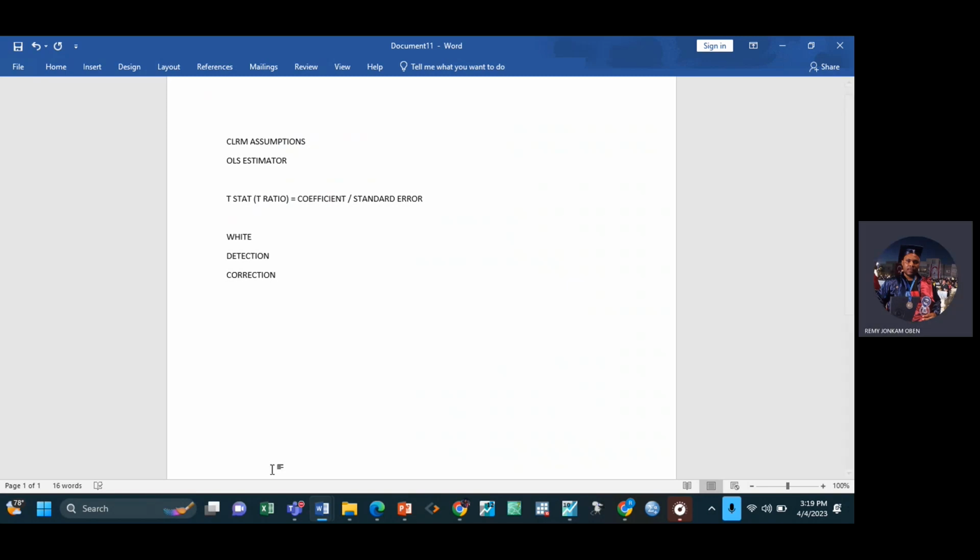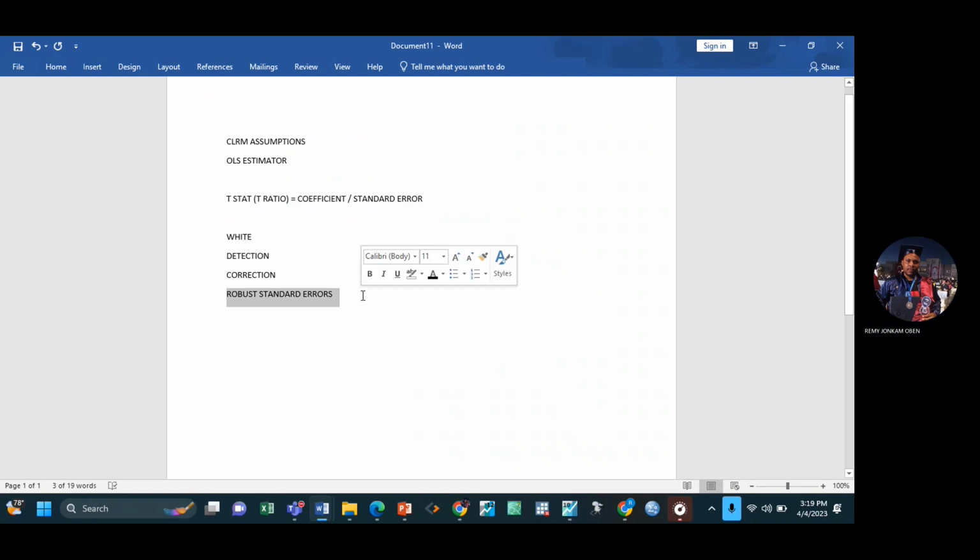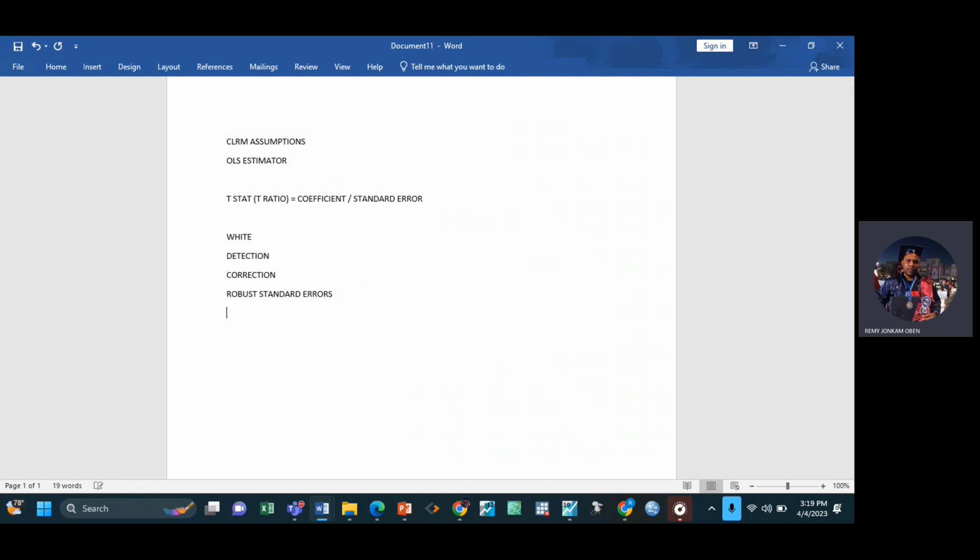His detection method is the White test we know from E-Views, and his correction method is also the White correction method you know, robust standard errors. So in his correction method, try to apply robust standard errors. And if you look in E-Views, you will see there White, something like that.